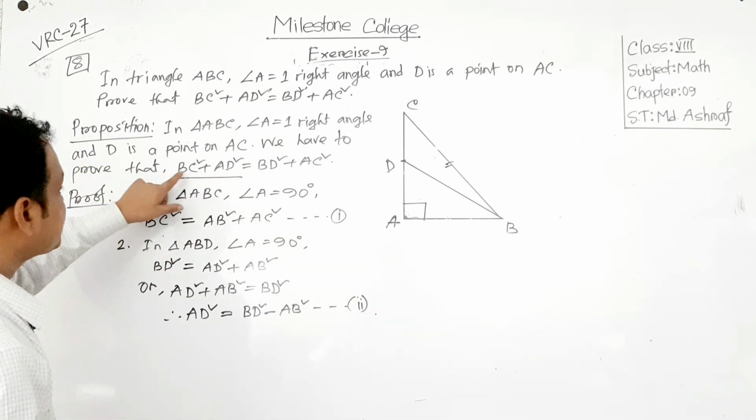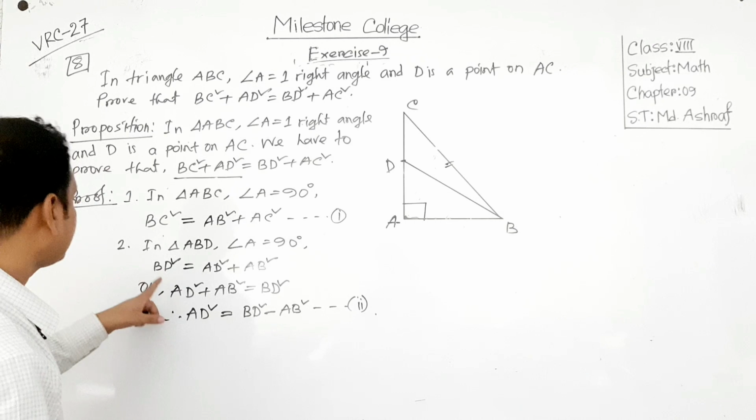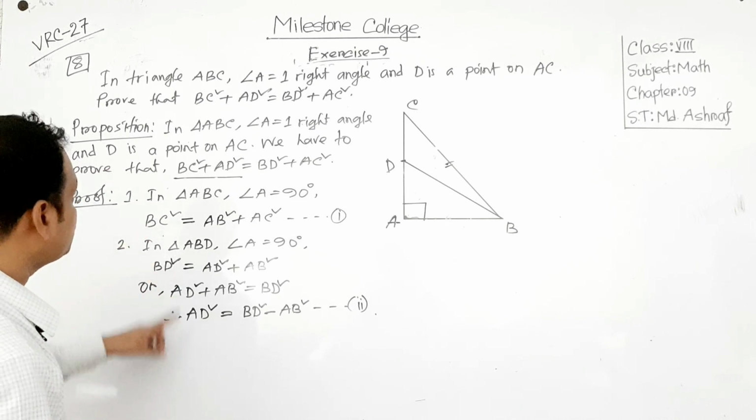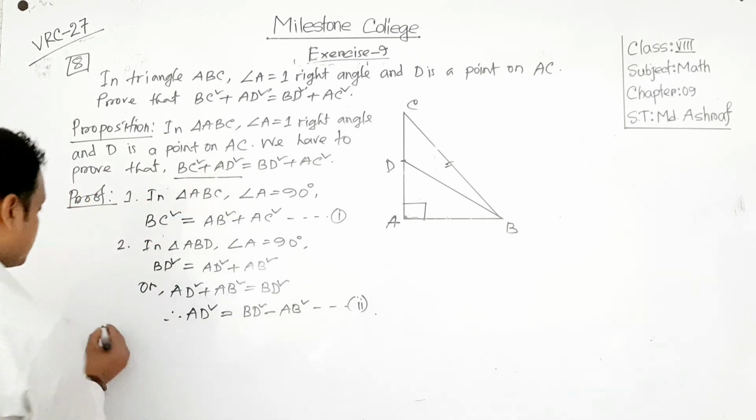Now we need BC square plus AD square. So if we add equation 1 and 2, we will get BC square plus AD square. So 3 number point.